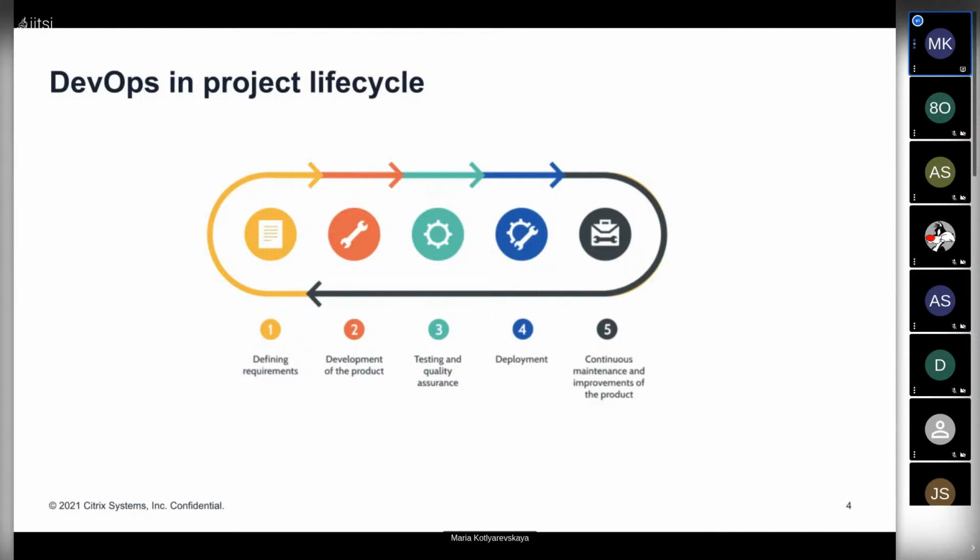And honestly, during my career as a DevOps engineer, I often faced very challenging projects when you need to, for example, migrate the whole application to a brand new environment.